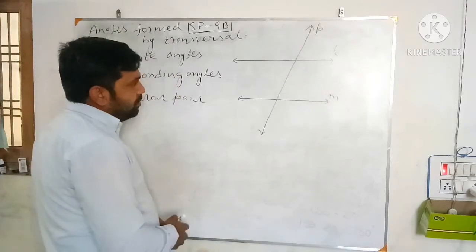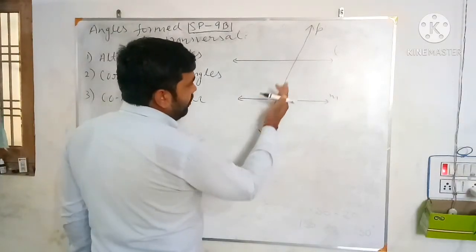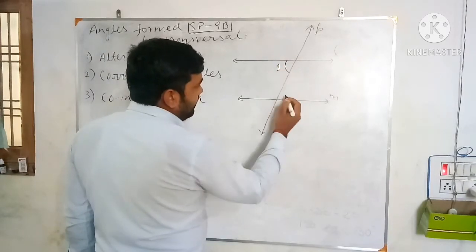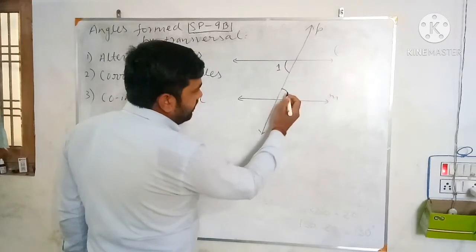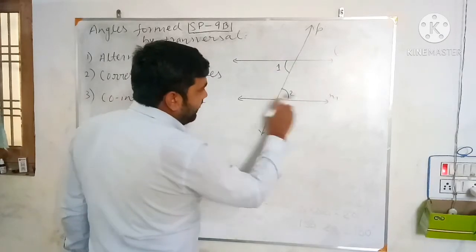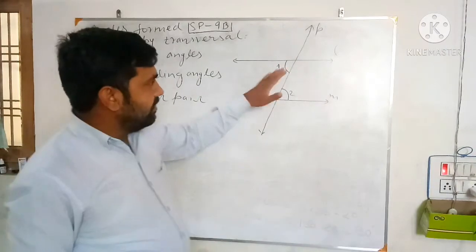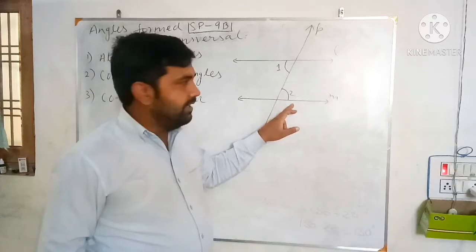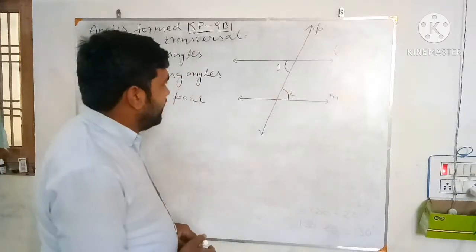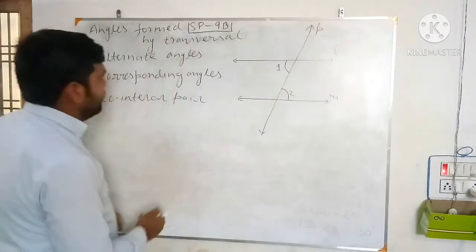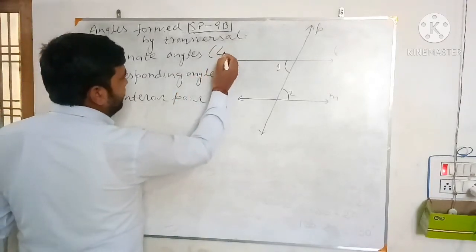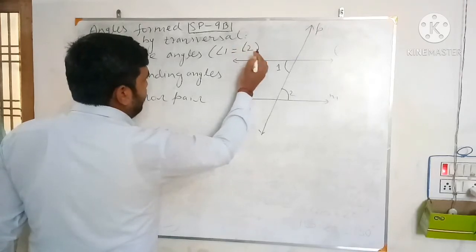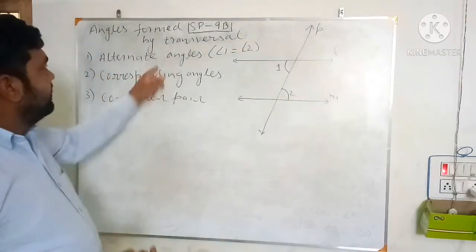If you take two angles inside the parallel lines, one on the left side of the transversal, suppose this is angle 1, and one on the right side of the transversal, both inside the parallel lines, adjacent to the parallel lines, these two angles, angle 1 and angle 2, are called alternate angles. Alternate pairs are always equal. So angle 1 is equal to angle 2.